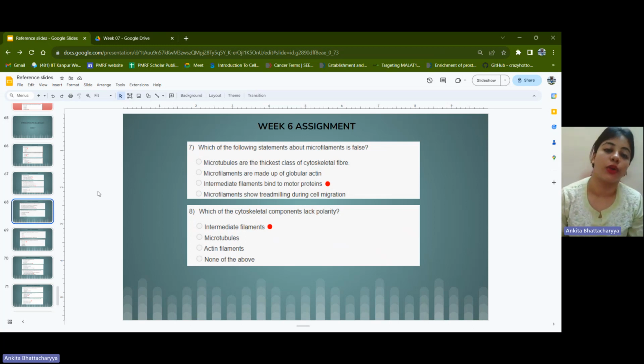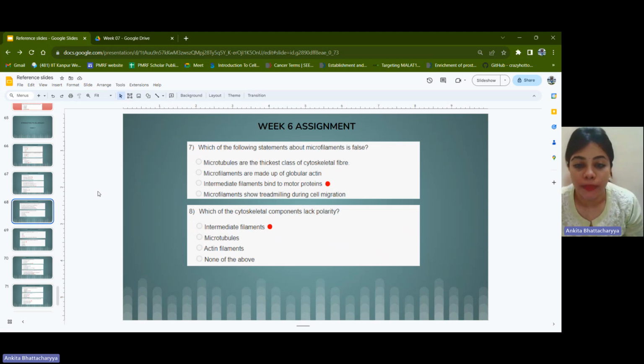On the other hand, microtubules and microfilaments are associated with these functions, acting like the railway lines on which a train would pass. They serve as those railway tracks. In their case, the movement of motor proteins is essential and of course carries directionality. But in the case of intermediate filaments, it is not true. So option C is correct because it is the false statement.